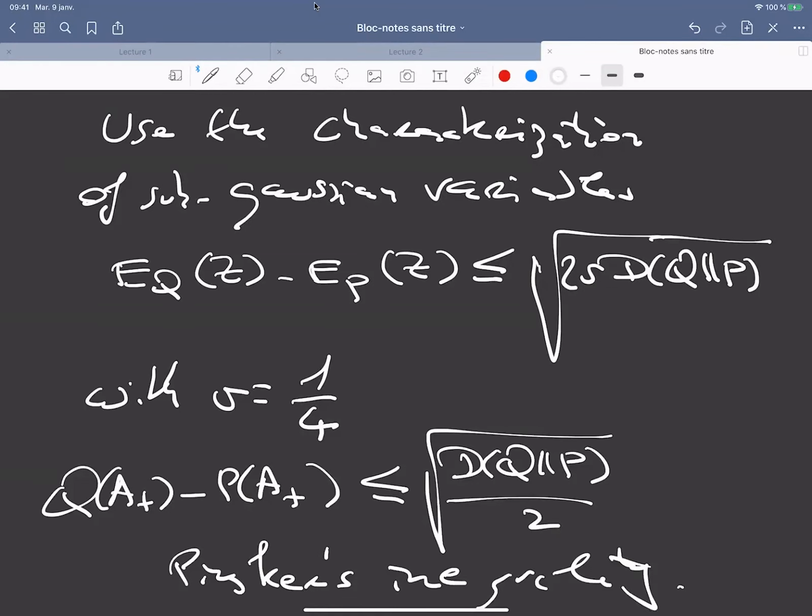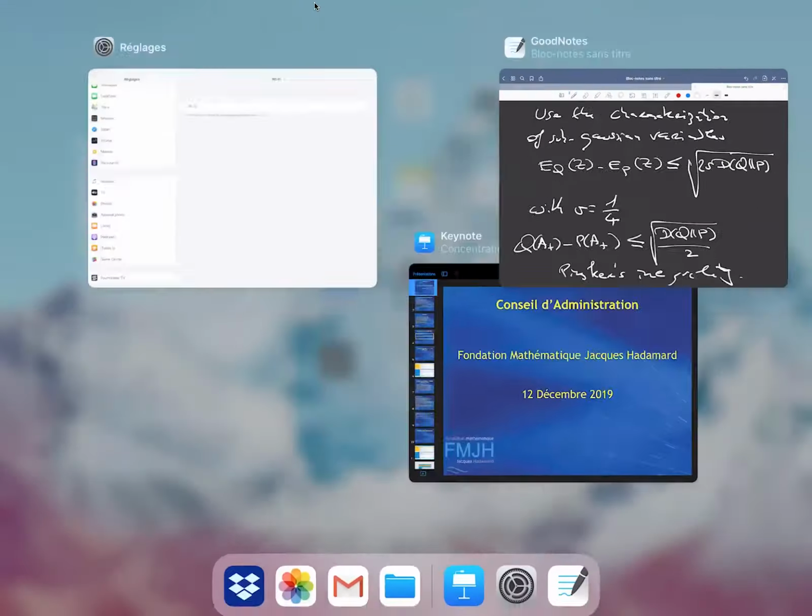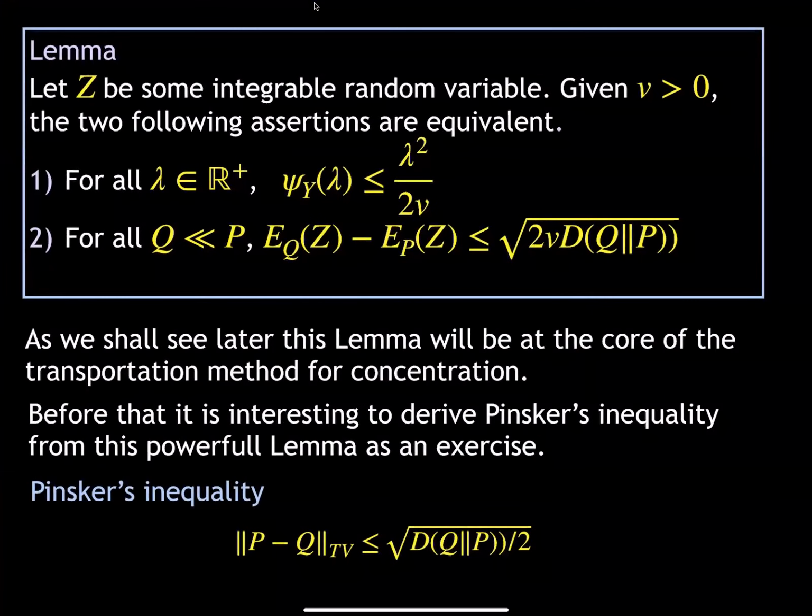So this is a very, very nice exercise, a very nice and elegant way of proving Pinsker's inequality, starting from this characterization of sub-Gaussianity. So this is an idea that we shall use when we study in detail the transportation method.